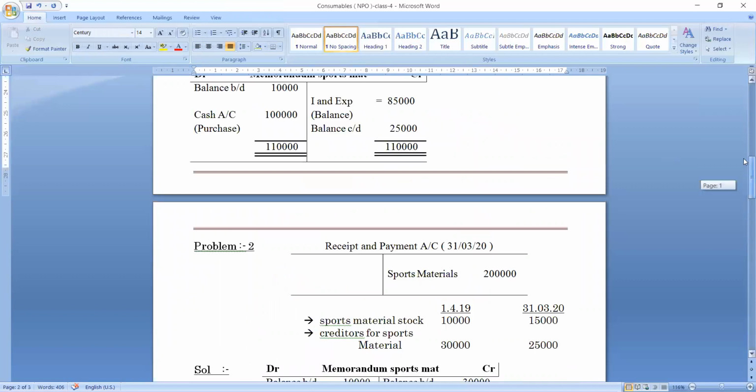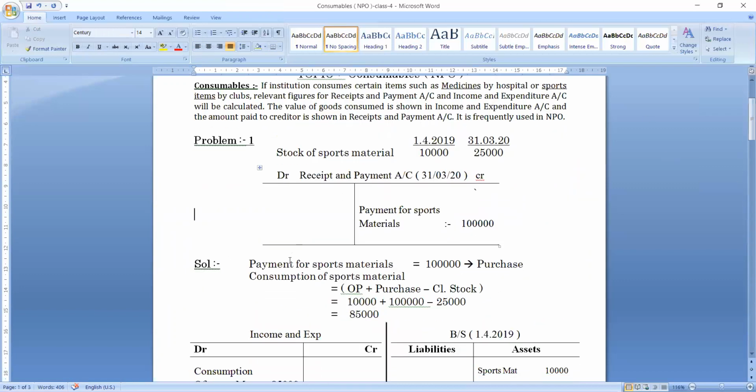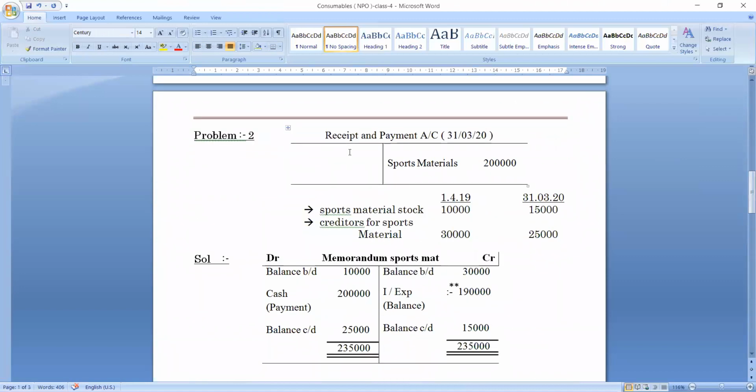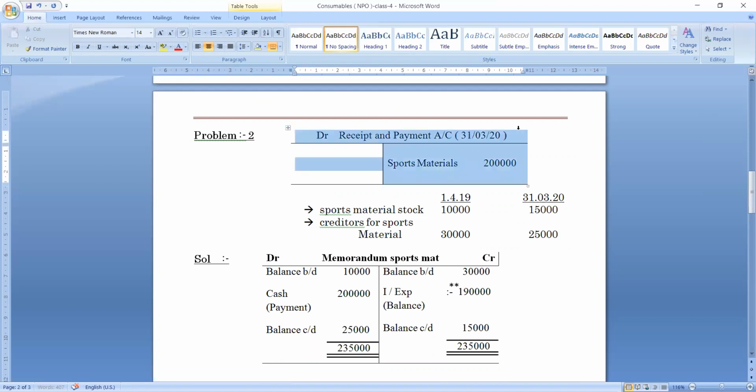Now in your next question there are two types of adjustment. In your first question there is no adjustment, but in question number 2 there are two types of adjustment. In the receipt and payment account, sports material 2 lakhs is there. Obviously this is a payment for sports material, so it is on the credit side.